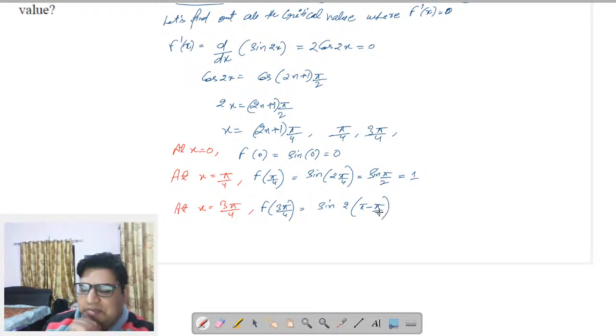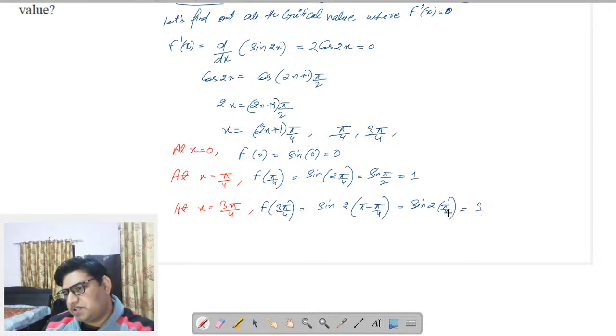Alright, and pi minus pi by 4, as we know, goes into the second quadrant, and in the second quadrant sine is positive, so that will be sin 2 into pi by 4, and that will be 1 only, because sin pi by 2 is, as we know, 1.